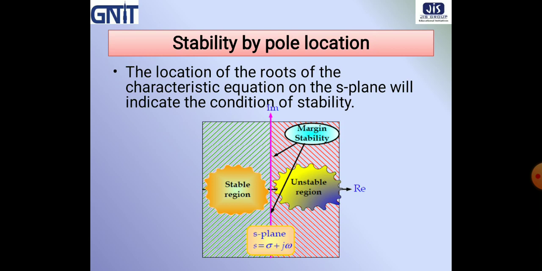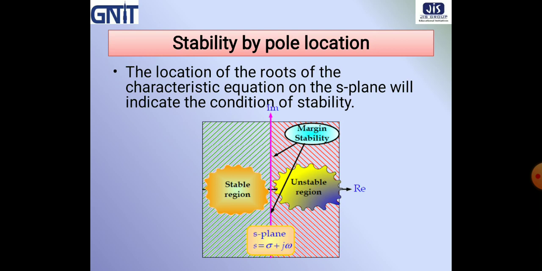And if there is any pole on the imaginary axis, that is the j omega axis, then the system will be marginally stable. So there are three conditions: stable system, unstable system and marginally stable system.